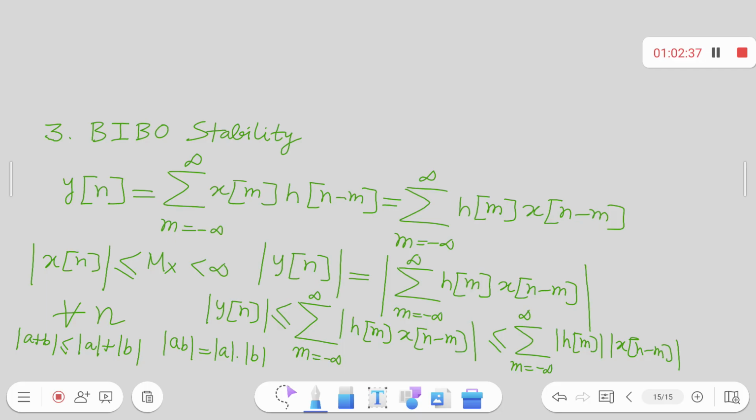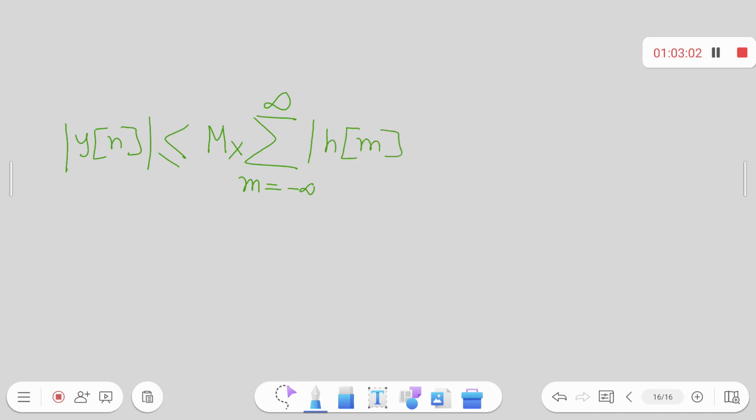So therefore, moving forward, mod of y of n is always less than or equal to mx times the summation, m going from minus to plus infinity, of mod of h of m.